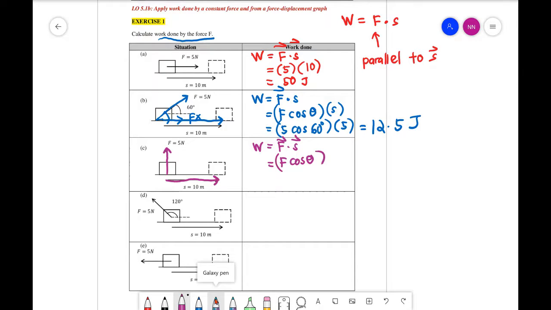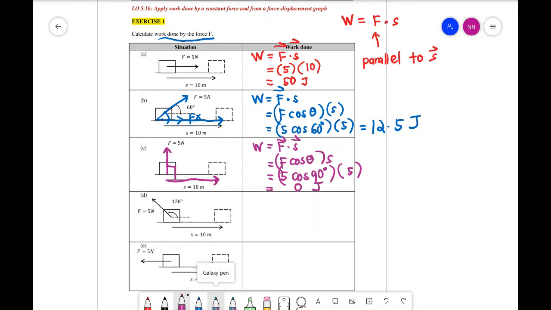The angle theta between force and displacement is 90 degree. So it is 5 cos 90 degree times displacement 5. Cos 90 degree equals 0, so the work done by this kind of force is 0 joule.